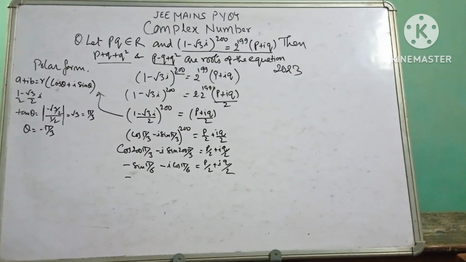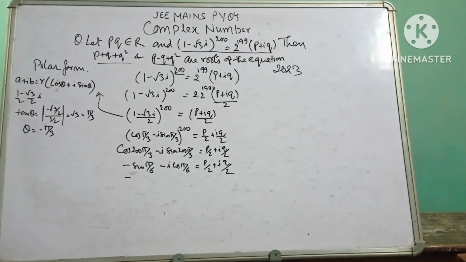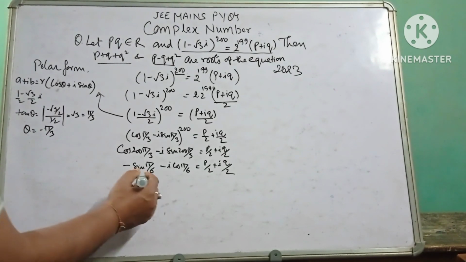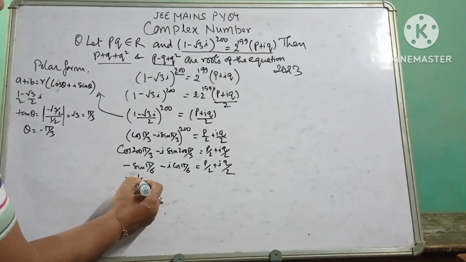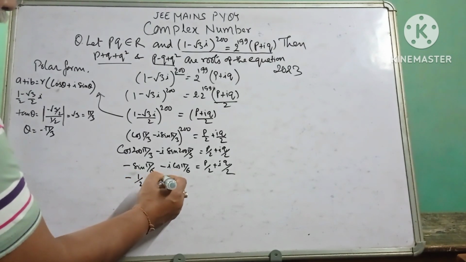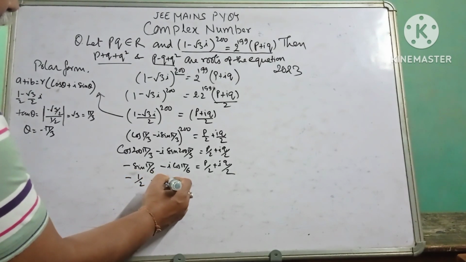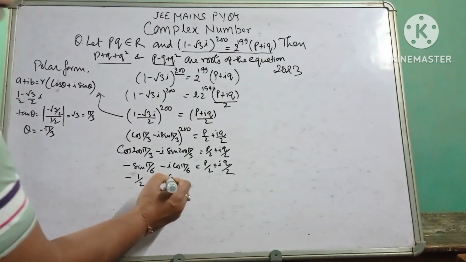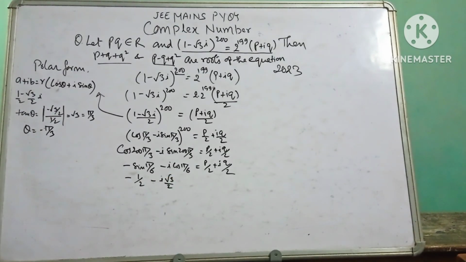You can calculate it. This will come out to be sine pi by 6. So the value of this is minus half, 6 means 30 degree, and this value is i root 3 by 2, sine 30 degree. You can calculate it and you will find out the value.